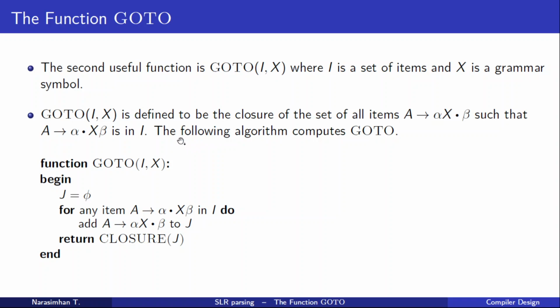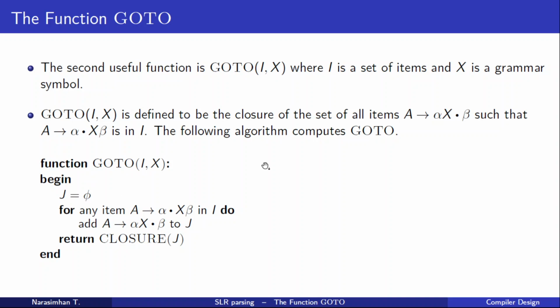You need to repeat this for all the items of this particular form. You collect them in a temporary set, you find the closure of the temporary set. That will be the goTo. So this is how to compute goTo.